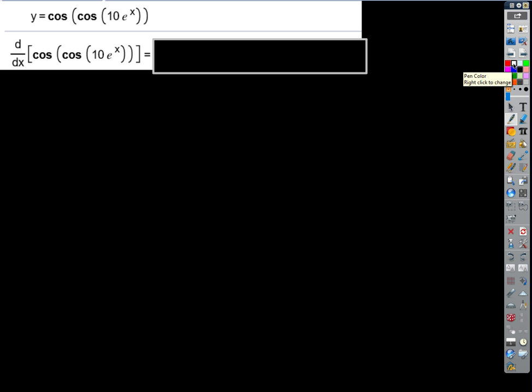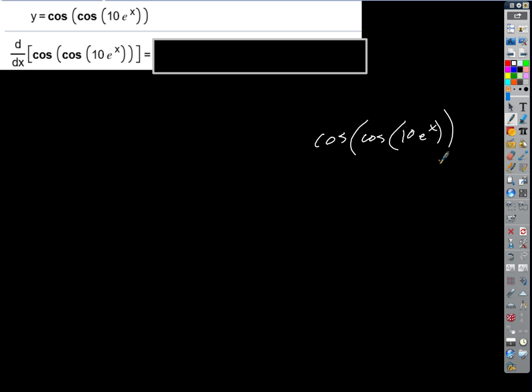Well, negative sine of x. Negative sine of that, right? Okay, so I have an outside layer that is going to be a cosine layer. And let's go ahead and just peel these layers off one at a time. So we've got cosine of 10 e to the x.